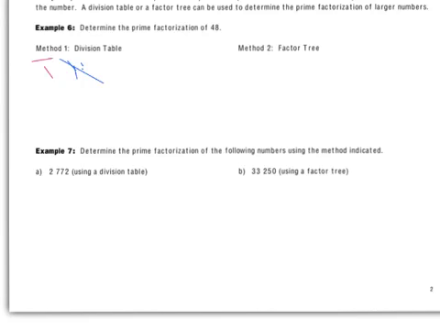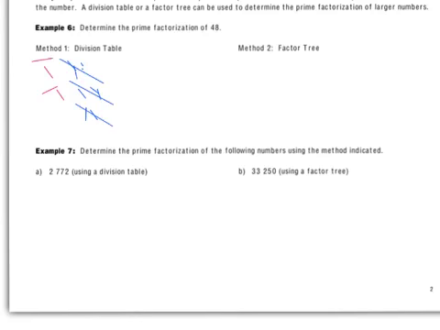So what happens when I divide 48 by 2, I get 24, and then underneath that I'm going to make another box here, and I'm going to divide 24 by 2 again, and I'm going to circle it because 2 is a prime, and I get 12, and so on. I can do 2 again.